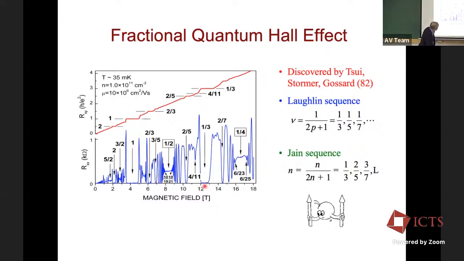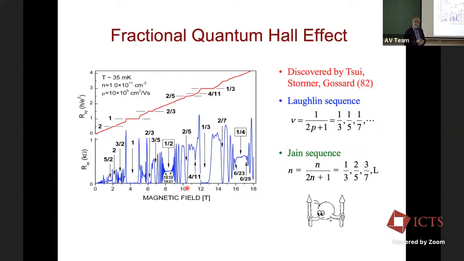So here is, for example, 1/3, and there is 2/5 there, and they're here, et cetera, et cetera. And you get a lot more fine structure. So what this is showing is that there are not just plateaus corresponding to integer filling of the Landau levels, but rational fractional fillings of the Landau levels.